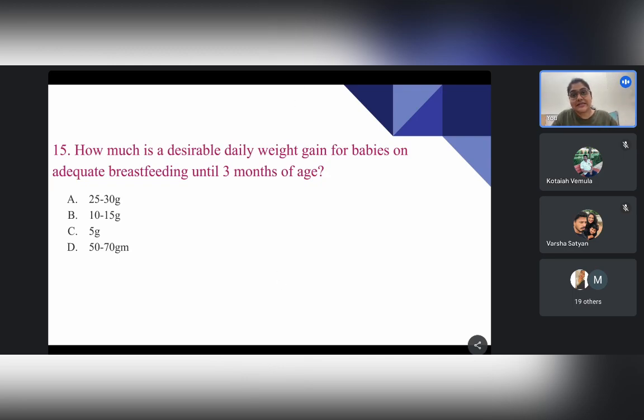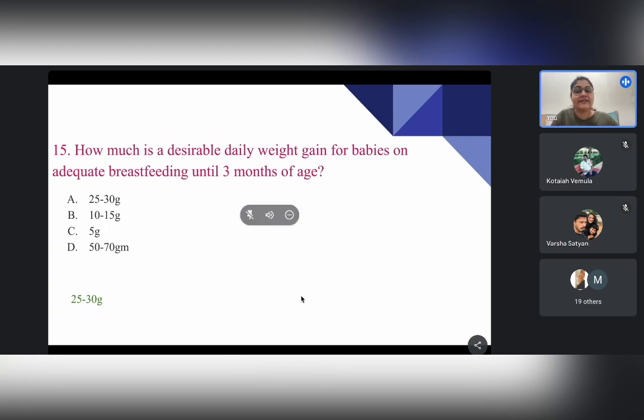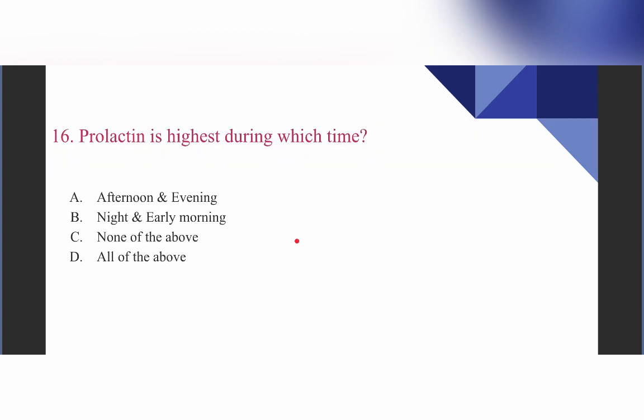It has been seen that if the child is gaining at least 25 to 30 grams every day, so there's a daily increase of 25 to 30 grams until 3 months of age, this is a very desirable situation. Okay. So we'll move on to our next question.